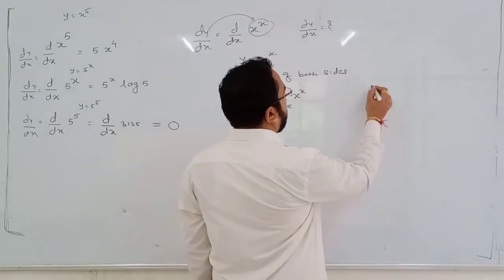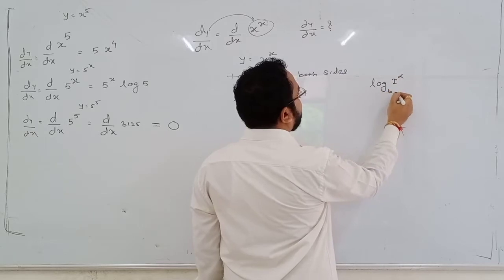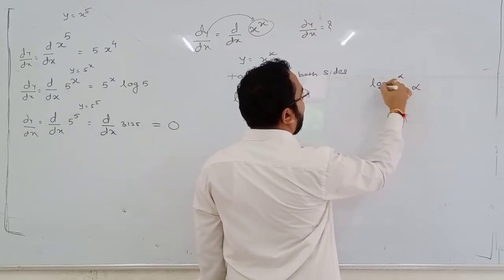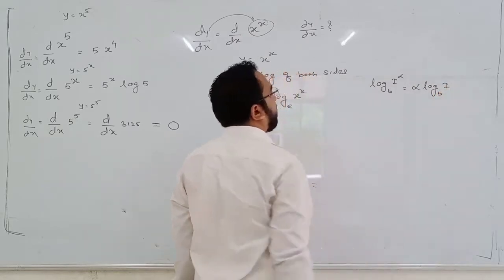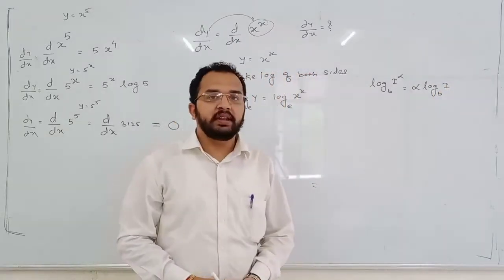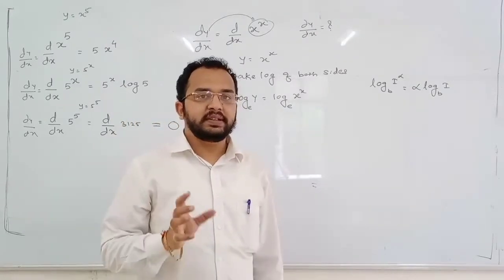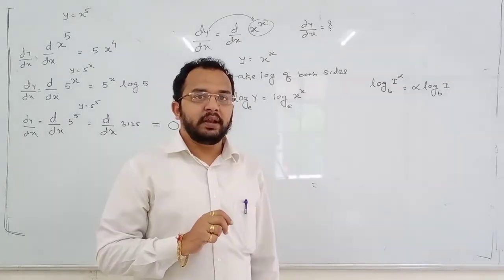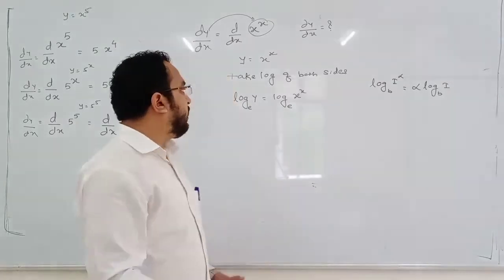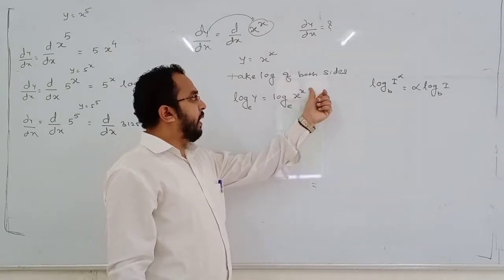What is the alpha rule? Log of index to the power alpha, base b, can be written with alpha taken into the numerator: alpha times log index base b. So if there is something in the power of the index, we can take that term into the numerator, and that is the alpha rule. Here also x is the index and this x is in the power of index.